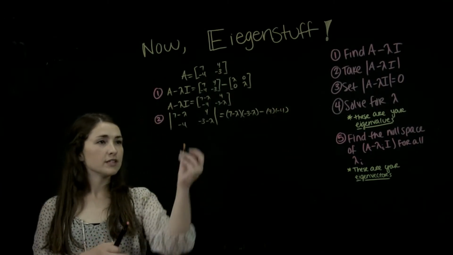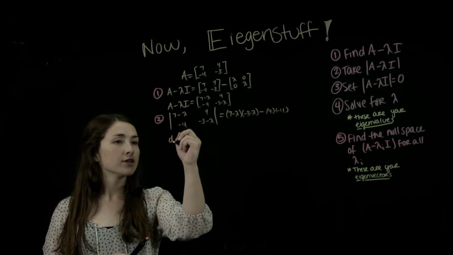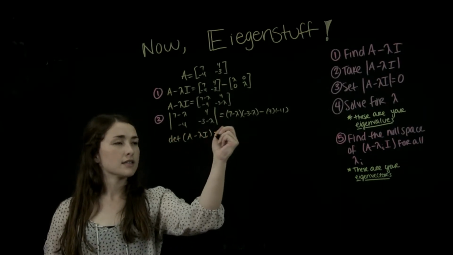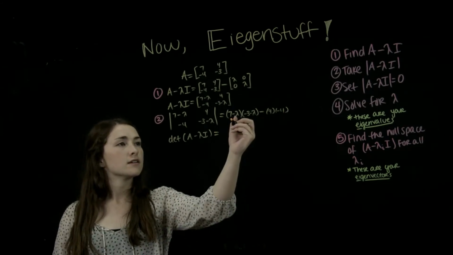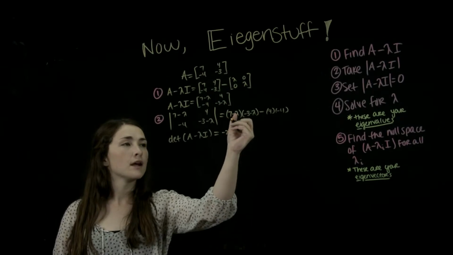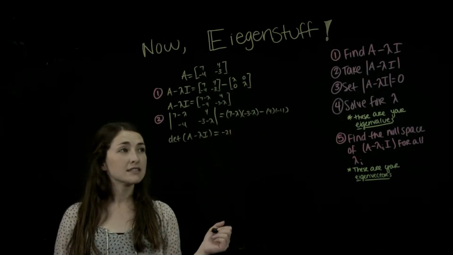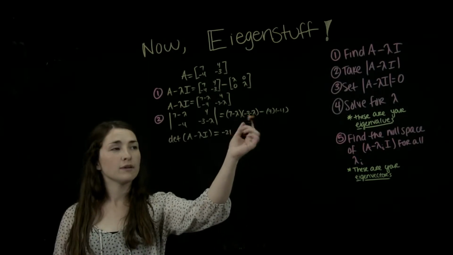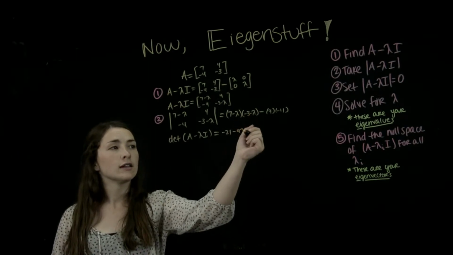So now the determinant of A minus lambda I is equal to 7 times negative 3, which is negative 21. 7 times negative lambda is negative 7 lambda. But then we're going to have a plus 3 lambda right here, so we're going to have a negative 4 lambda.